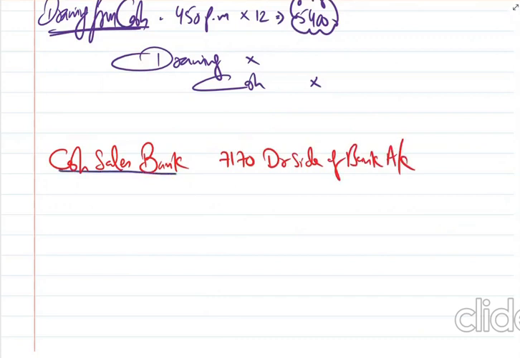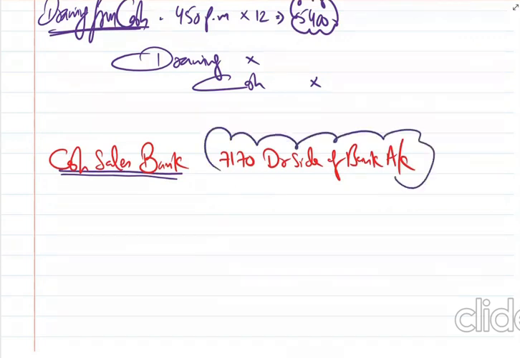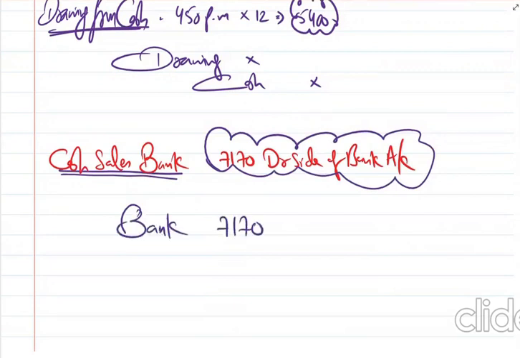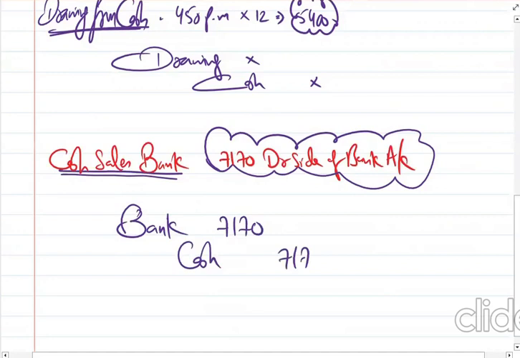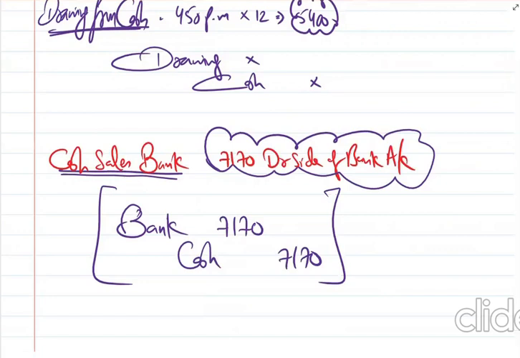This means that the cash he got, he put into the bank, meaning bank debit. The bank is increasing as he deposits the cash, so cash is credited. Whenever he says cash sales bank, this means deposit.